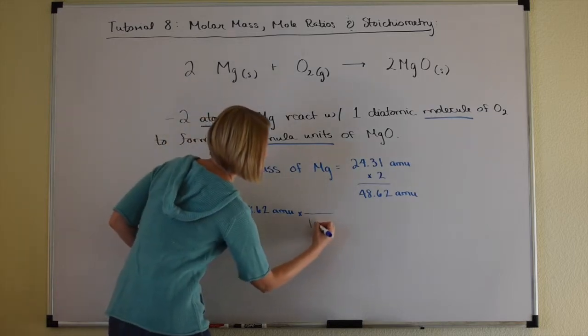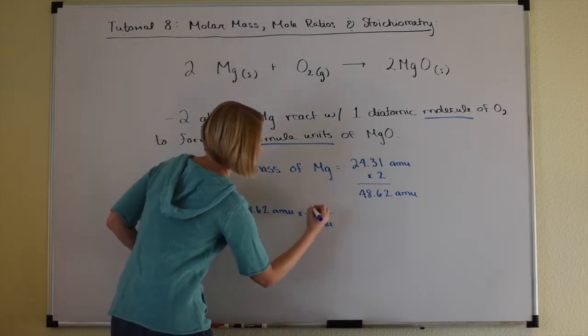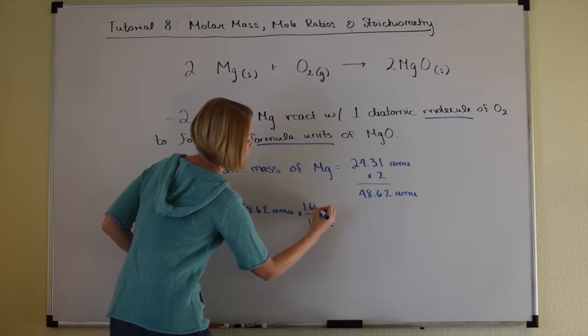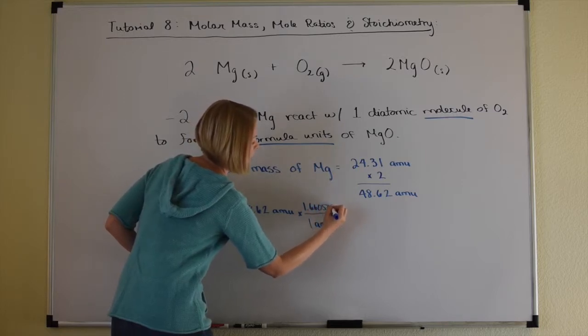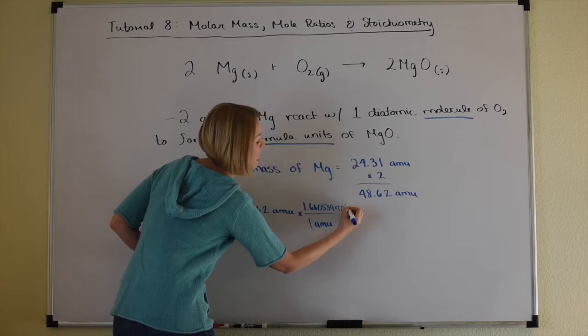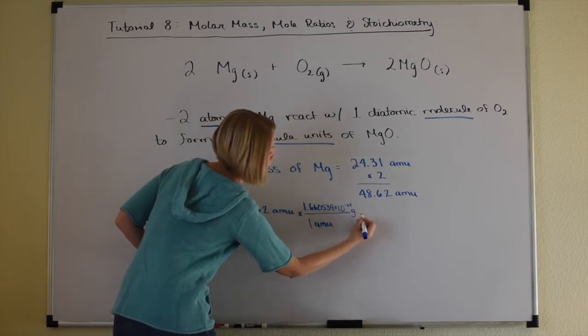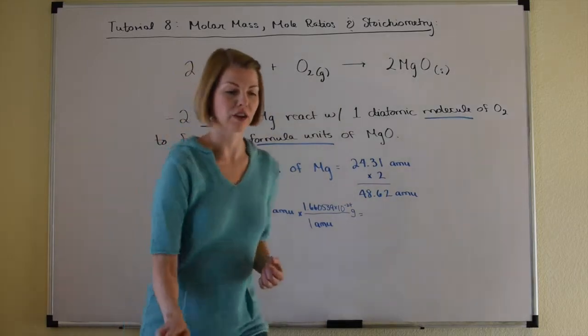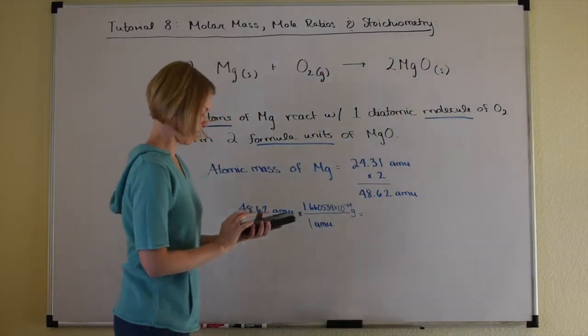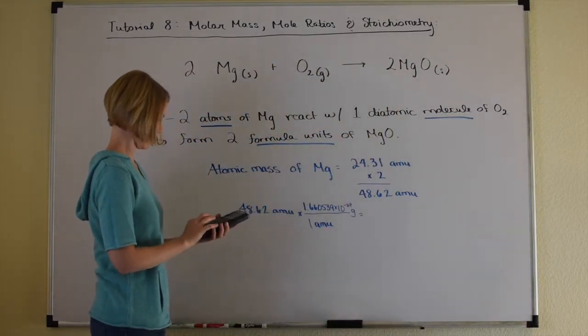In every 1 atomic mass unit, there's 1.660539 times 10 to the negative 24 grams. So pull out your calculator and go ahead and punch that in.